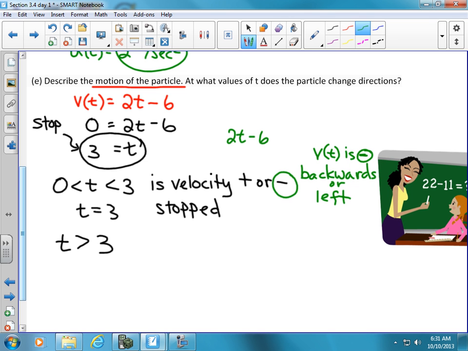Because the velocity is negative, it's moving backwards or left. Now, if we plug a number greater than 3 into the velocity function, we get a positive. Therefore, the particle is moving forward or right.